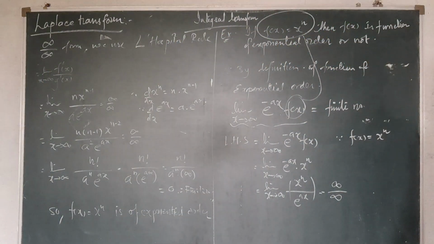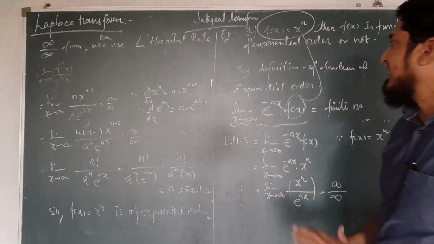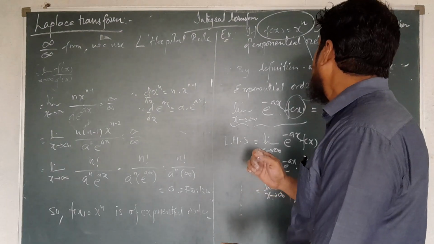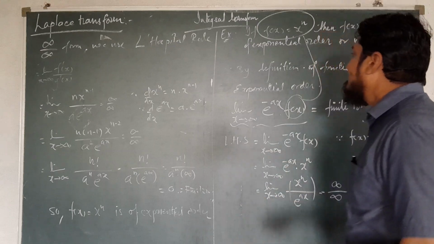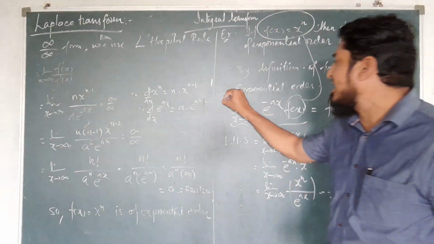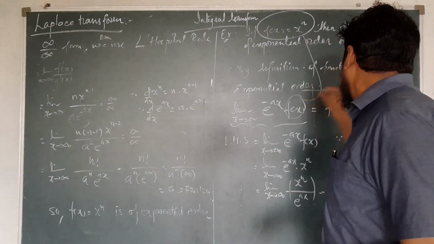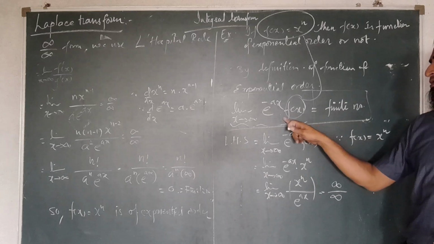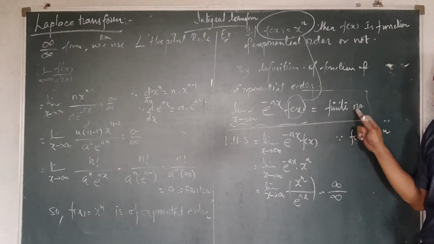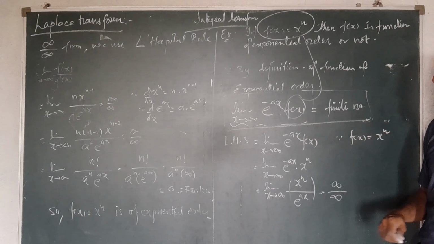We have the definition that a function f of x is said to be of exponential order if the limit as x tends to infinity of e raised to ax dot f of x is equal to a finite value.